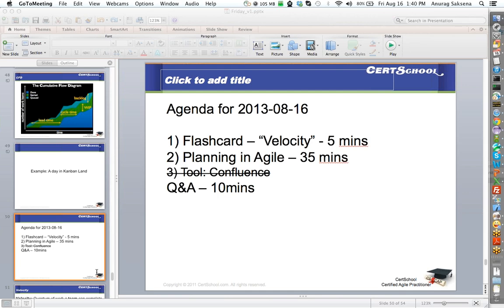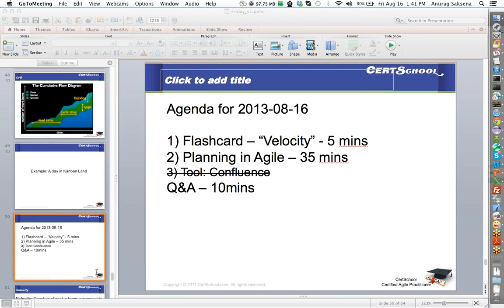But it's also possible that you have two different teams. One team has 7 members, the other has 9 members, and the 7 member team has higher velocity than the 9 member team. It's very much possible.